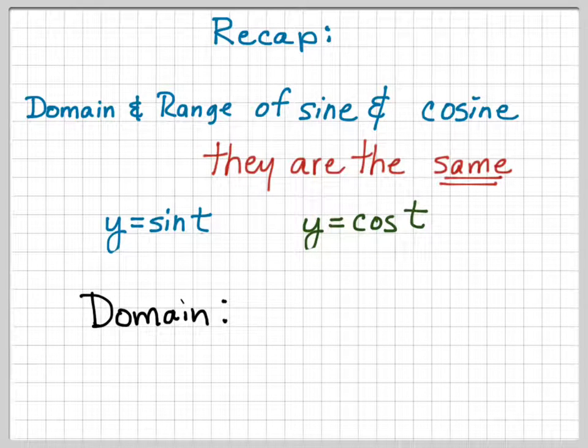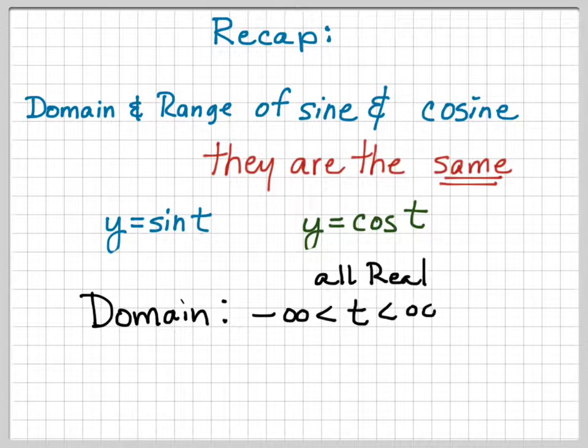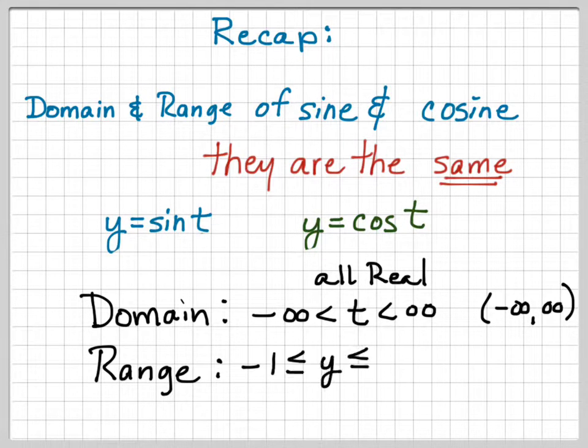The domain of each one of them is all real numbers, which goes from negative infinity to infinity, and we can also write that in interval notation, which is negative infinity, comma, infinity with parentheses, and once again the parentheses mean that it doesn't ever reach that. And the range is from negative 1 to 1 included, and we can write that with brackets, negative 1 to 1.